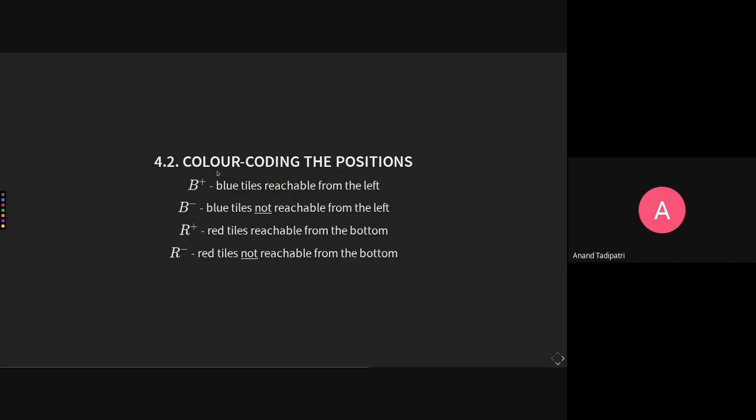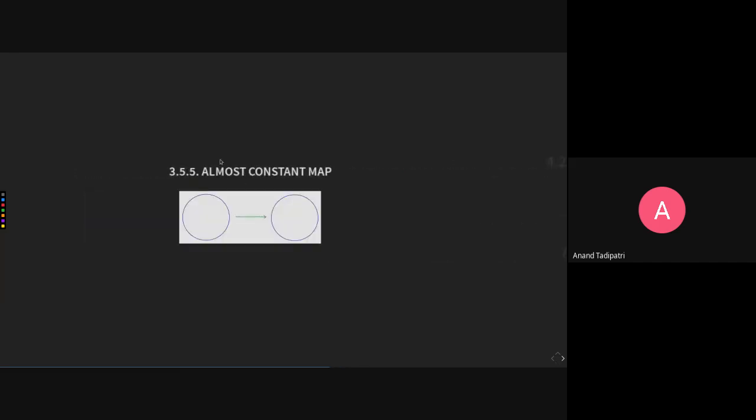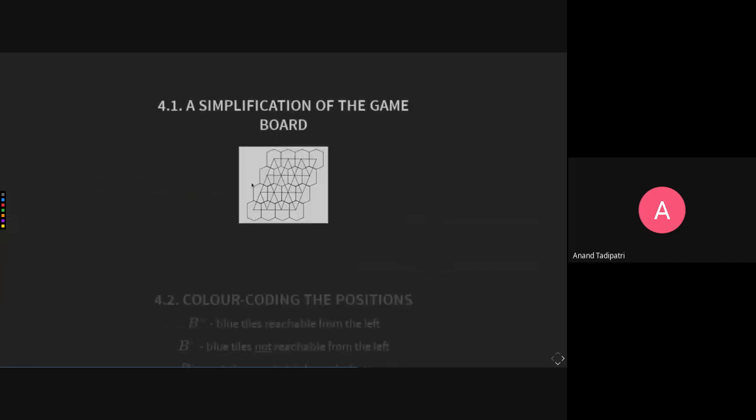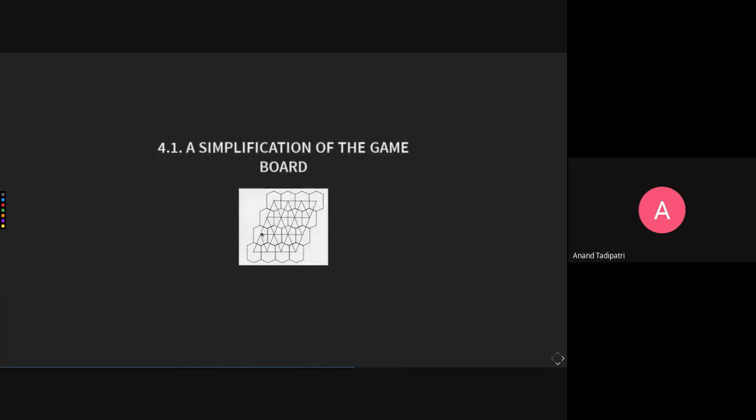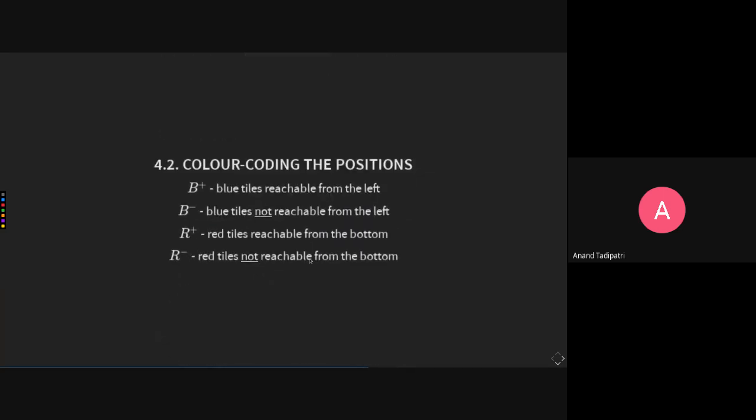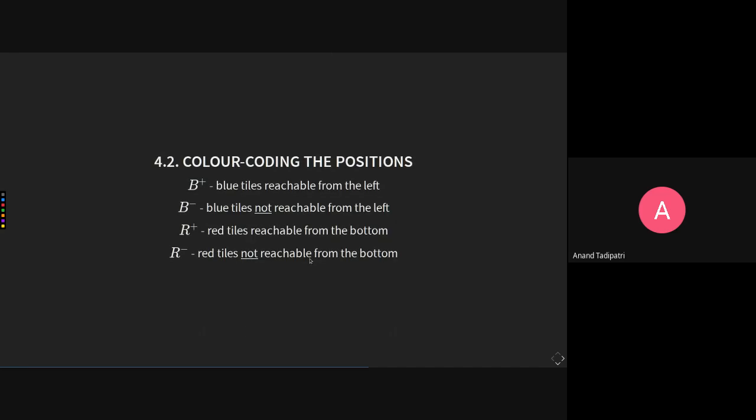That means it has a path starting at the left of the hex board and continuing all the way till this point. Anything that's not in B plus is in B minus. Likewise, we say a red tile is in R plus if there's a path from the bottom of the board to that red tile. And it's in R minus if this is not the case.